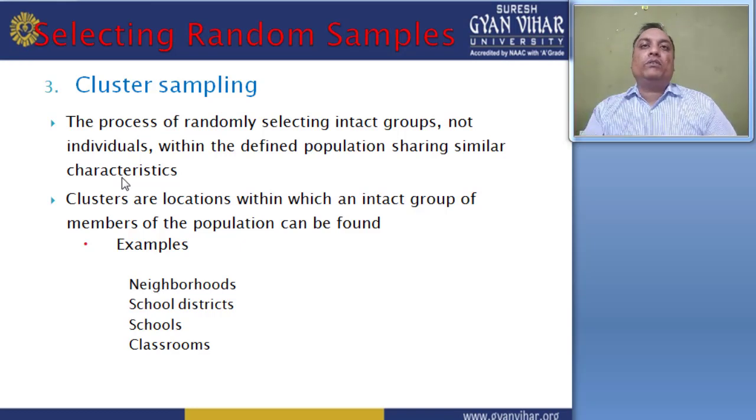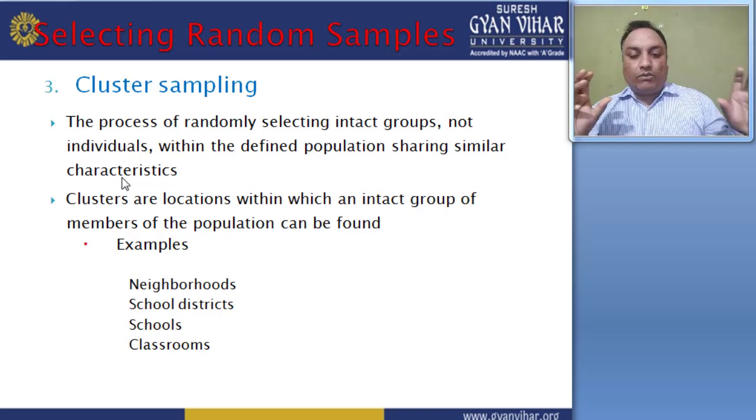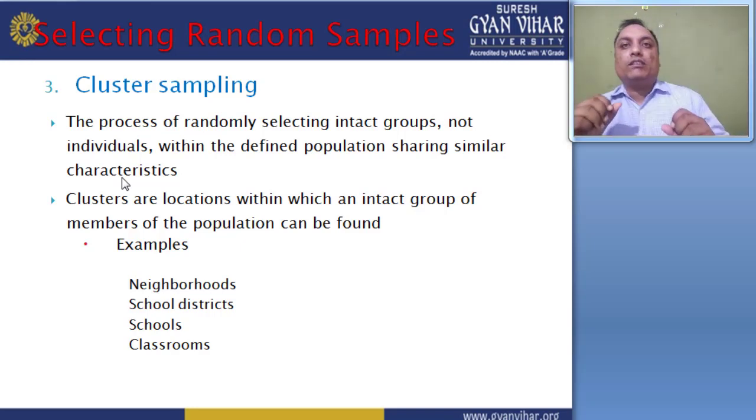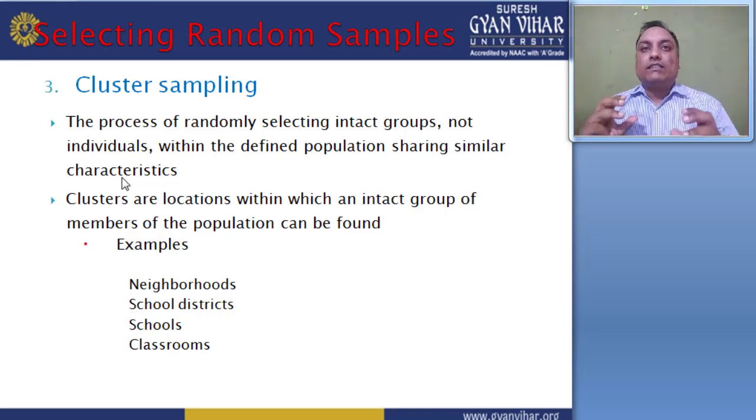For the present scenario, this is a pandemic era. How do we know this area is affected and this area is not affected? This depends on the sampling process only. Suppose you first divide the whole city into small clusters, and these clusters are very useful for collecting information.